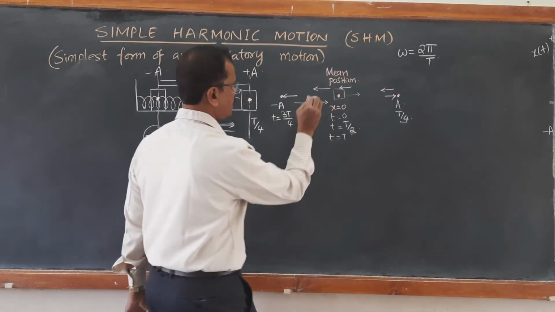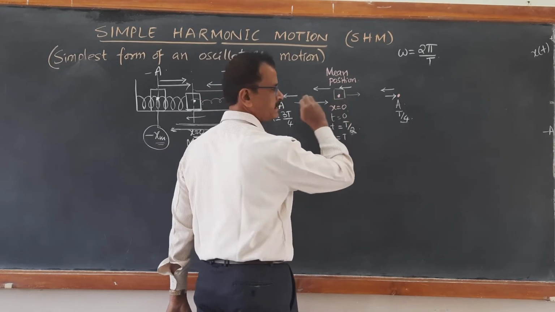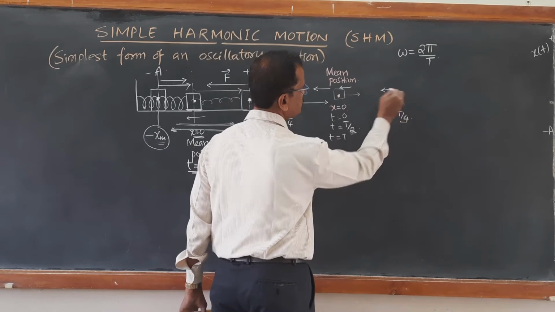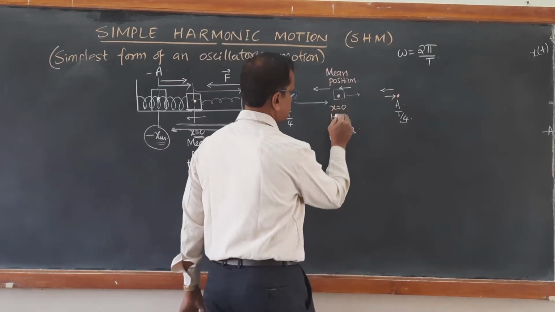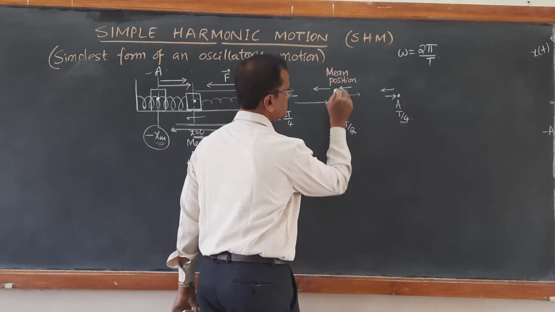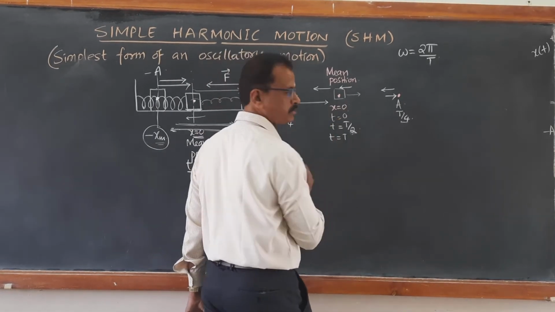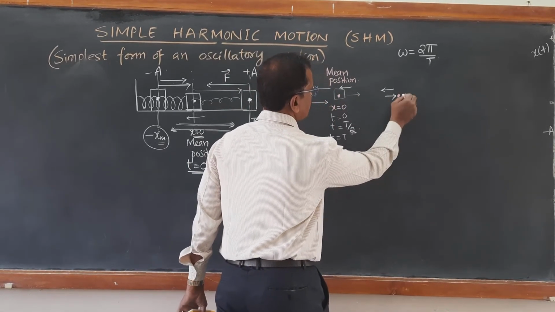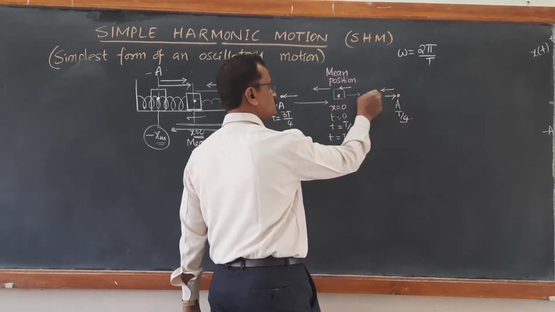Understand here, I am considering only 3 points. Suppose the block is already set into oscillation, moving from the mean position towards the right extreme position. So we will start counting the time at this mean position itself, at the equilibrium position, so time t equals 0. After a quarter of the time period, it will be at plus a, then returns back.